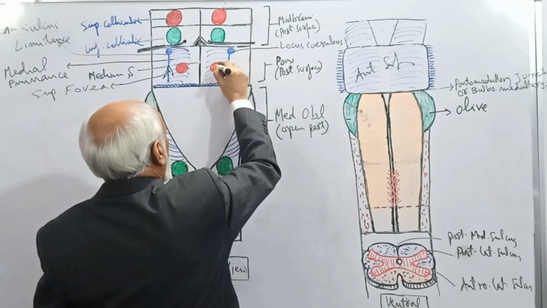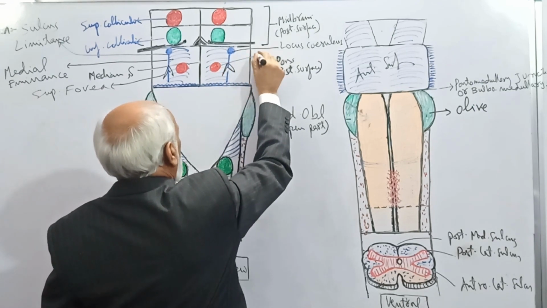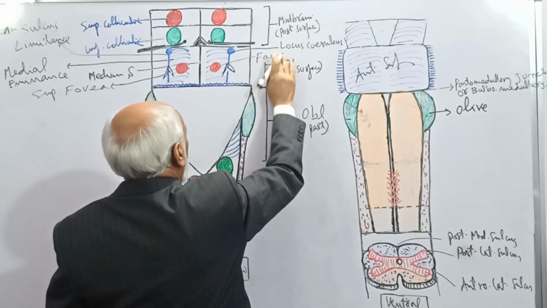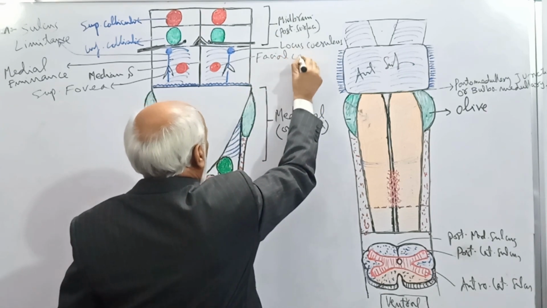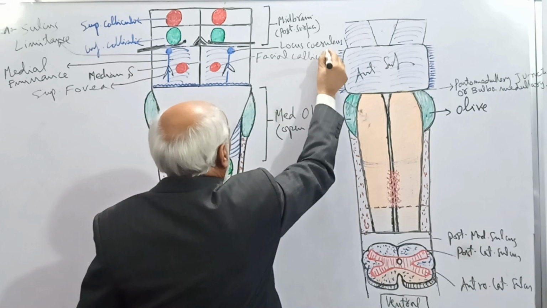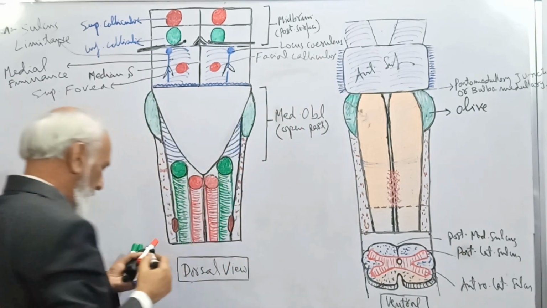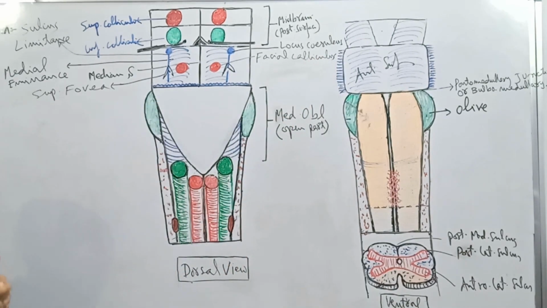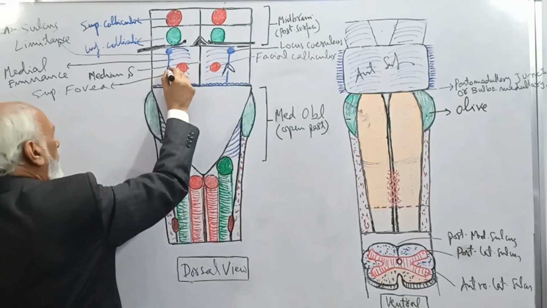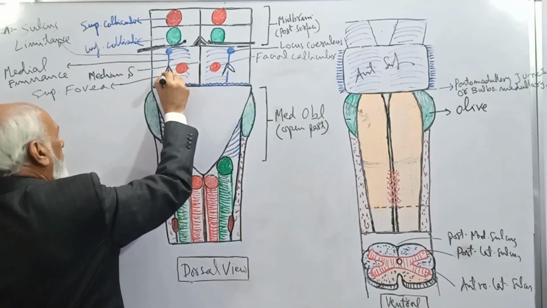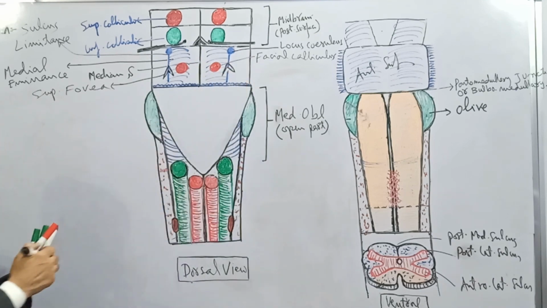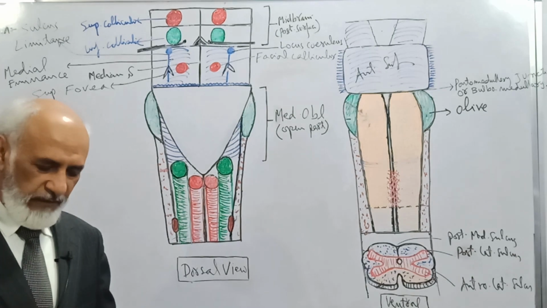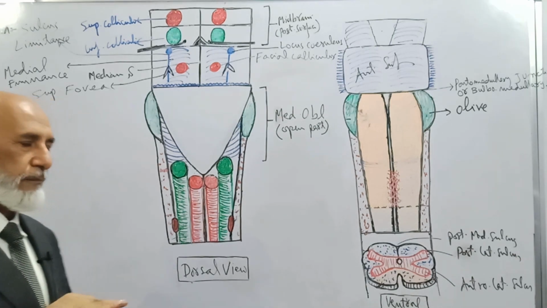This is known as the facial colliculus. These were the external features of the dorsal surface of the pons.